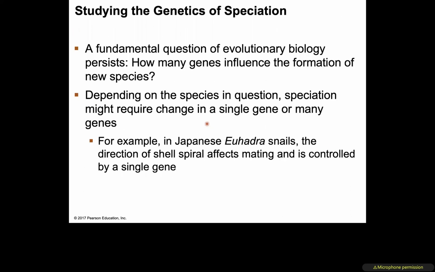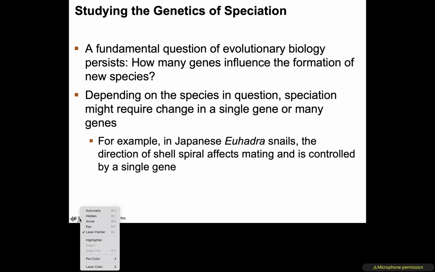An example is the Japanese Euhadrus snails. The direction of the shell spiral affects mating, and it's controlled by a single gene.